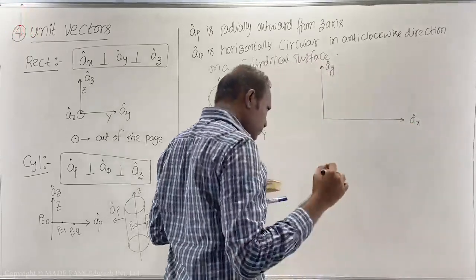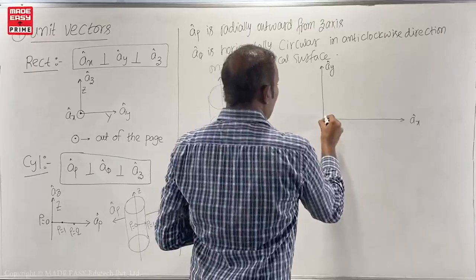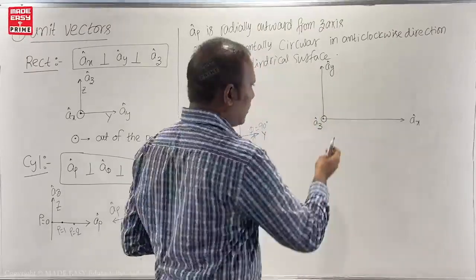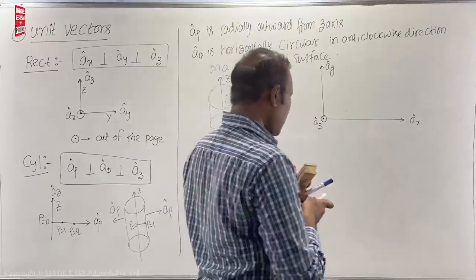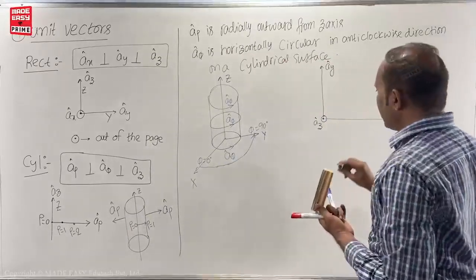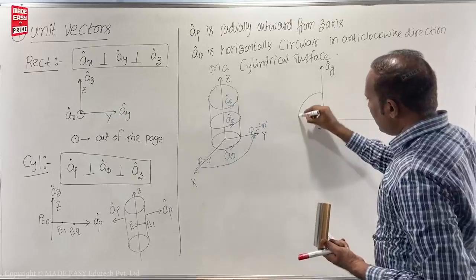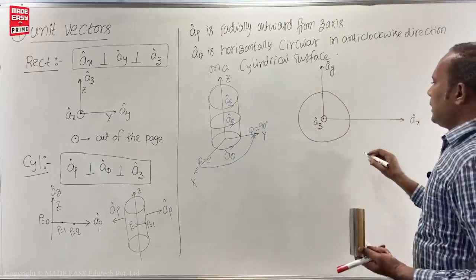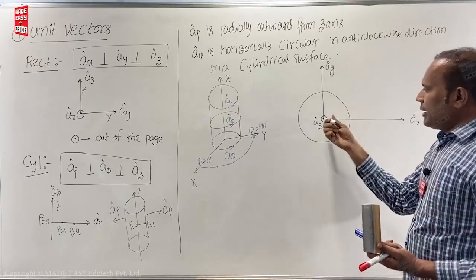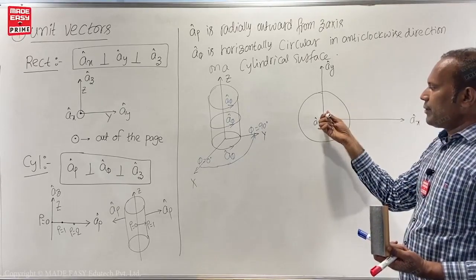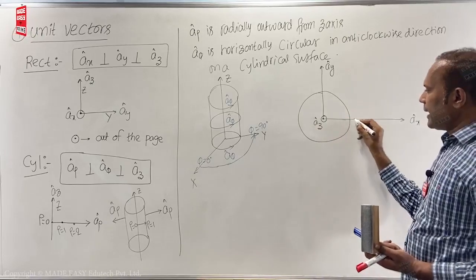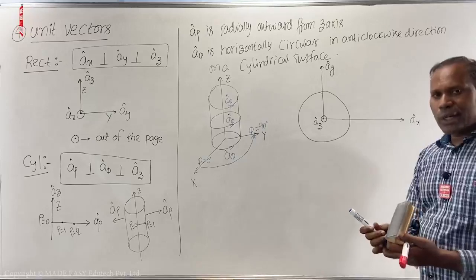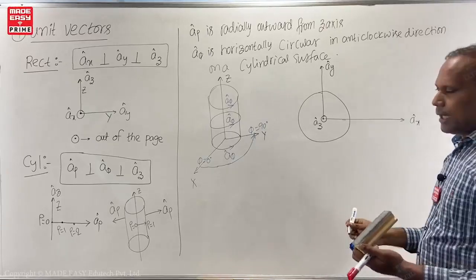Okay, now out of the board is a z cap. Now if I draw a circle here like this, now here on the z-axis radius is 0, here radius is increasing like this. So just at single location I am observing the directions.